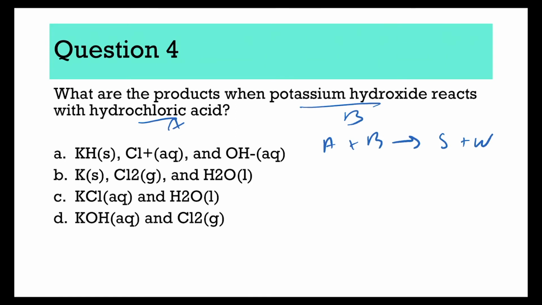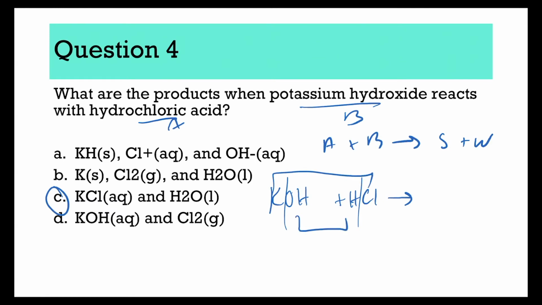Knowing that, we can say our answer is C, because you have 2 products, one of which is water. But if you wanted to get a better understanding, KOH is potassium hydroxide, plus hydrochloric acid, which is HCl. When you separate these and make your compounds, you get KCl and H2O, and again, that is what choice C is.